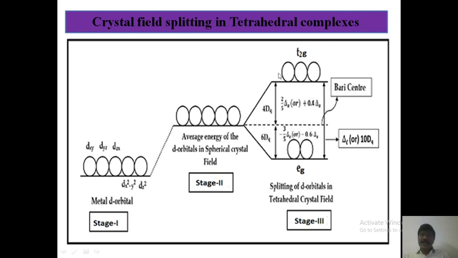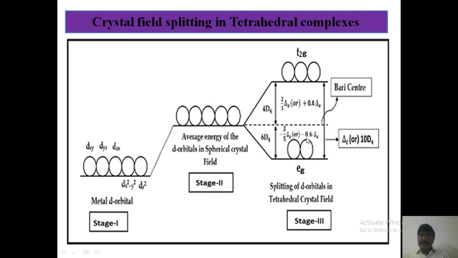They are T2g orbitals and Eg orbitals. That means it is quite opposite to the splitting in octahedral complexes. So T2g orbitals have a higher energy level compared to Eg orbitals. This is the barycenter between the T2g and Eg orbitals of the energy.